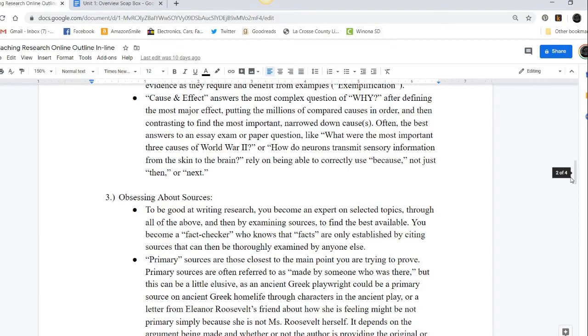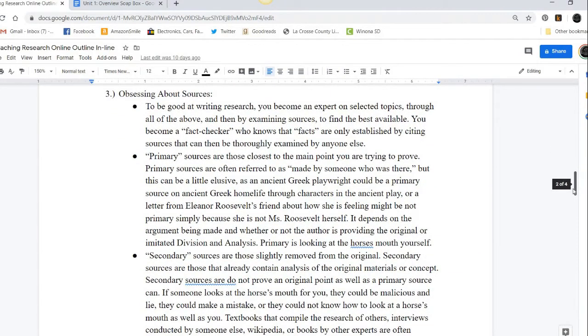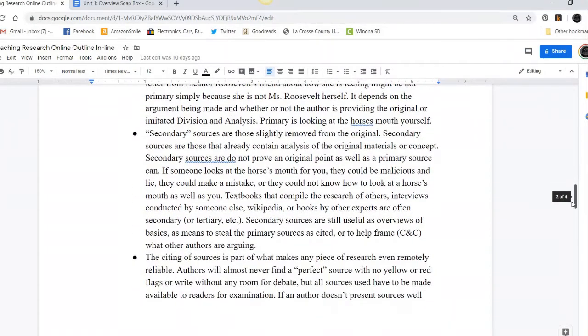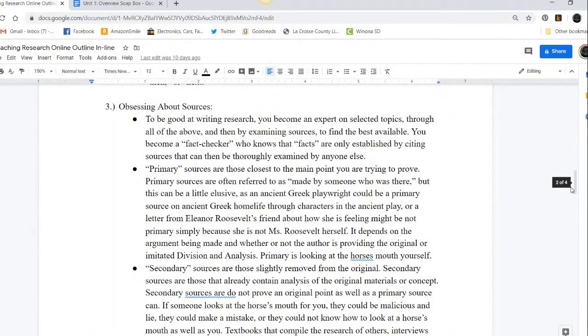Why is something happening? We will obsess about sources. I'm going to leave that almost completely for that unit because there's so much to it, but we'll look at what's primary and secondary for sources, and we'll look at what some of the red and yellow flags are, in order for you to be able to start fact checking your own materials.